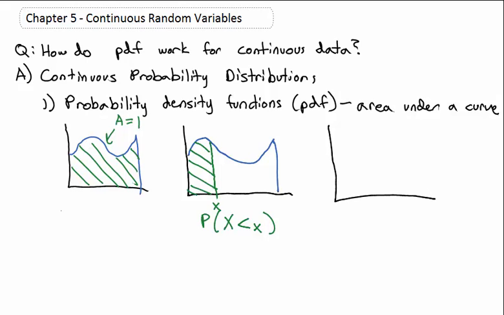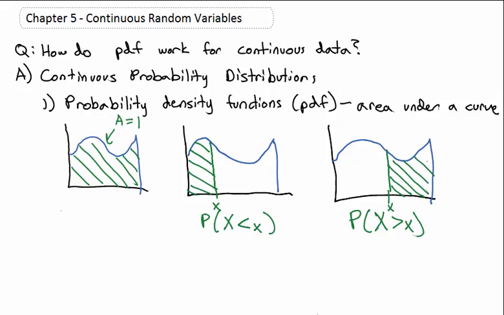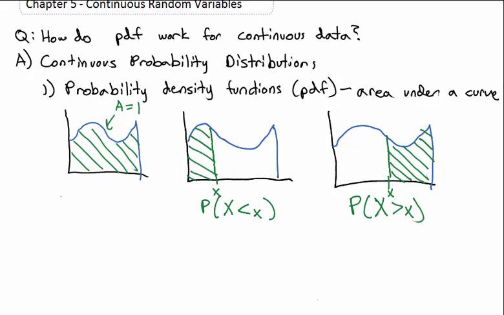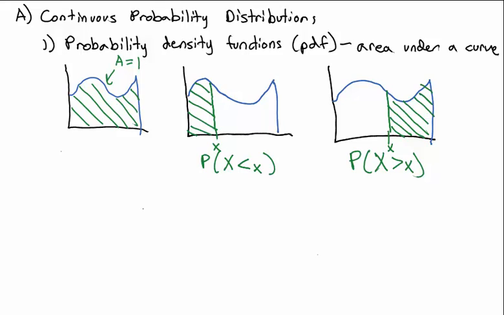Similarly, if we wanted the probability that our random variable x was greater than some number x, so here's the curve, and let's say x is over here, greater would mean we would want the area to the right of that number x.